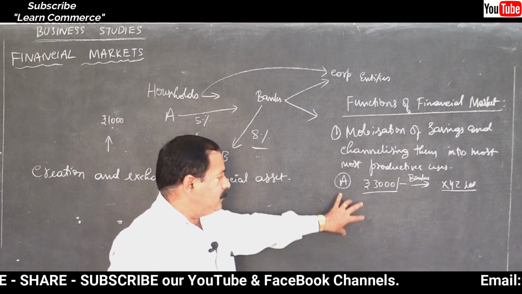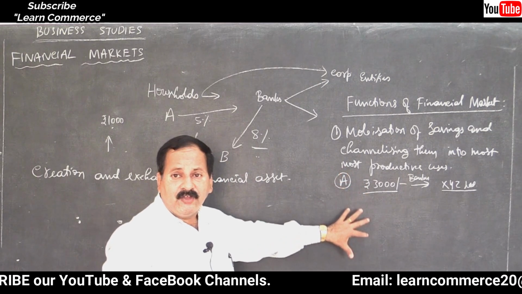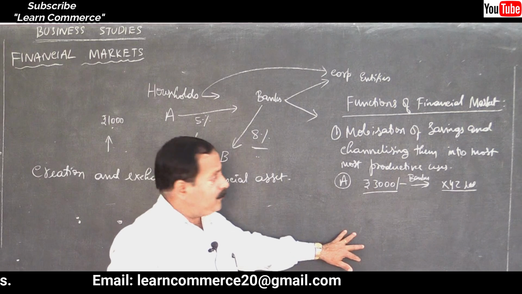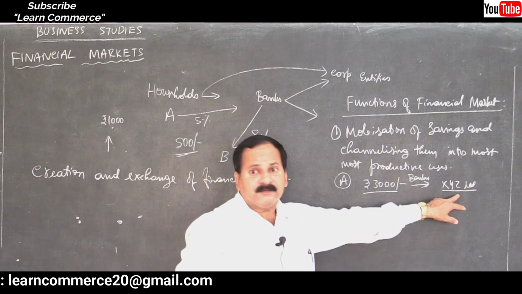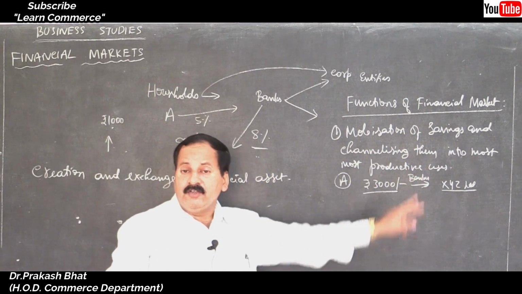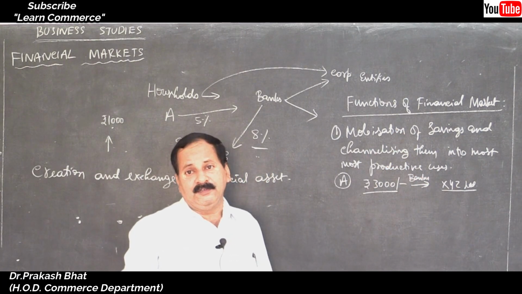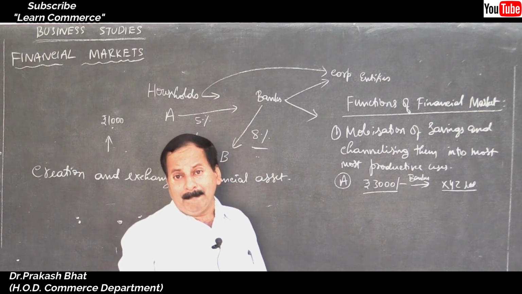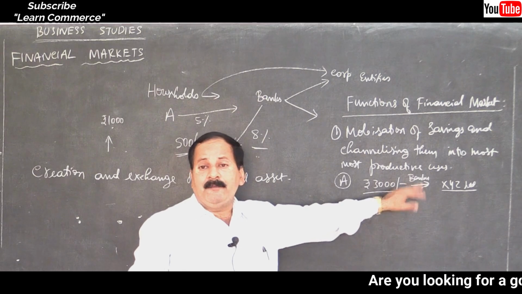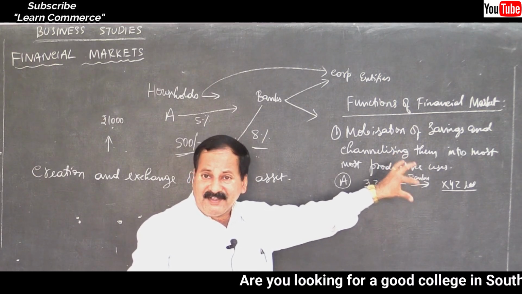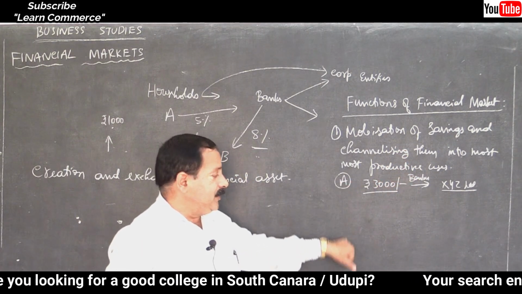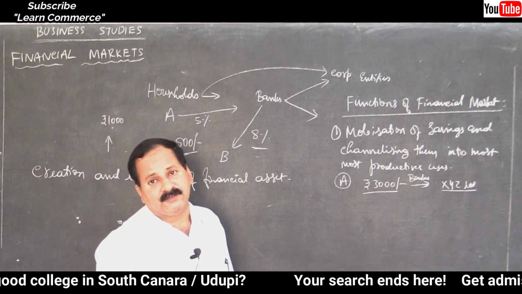Banker may give 3% or 4% interest on the deposits made by these people, and while providing loan to the corporate entity XYZ Limited, the banker may charge 11% or 12% from the company. So the company will pay at the rate of 11% or 12% to the banker, and from that interest received from the corporate entity, the banker will provide interest to these individual investors.